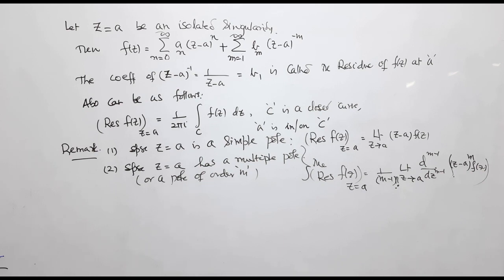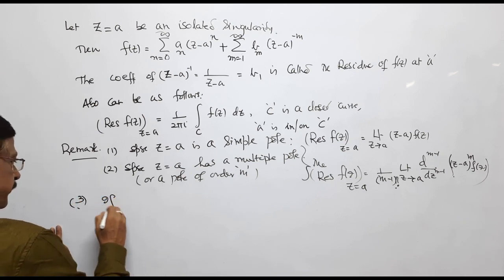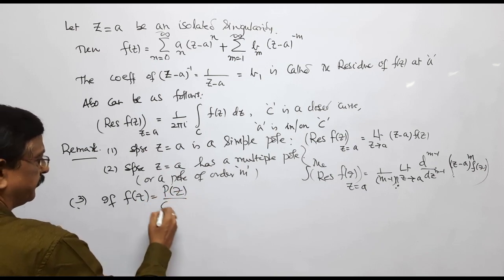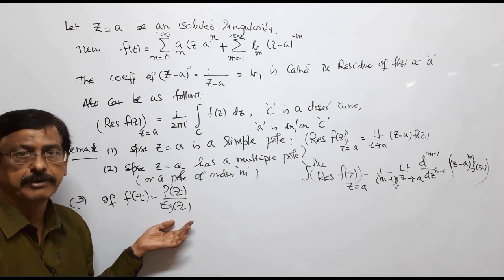That will be the residue for z equal to a, if it is a multiple pole. The third one is if f(z) is of the form p(z) by q(z), some function, where of course q(z) should be different from 0.